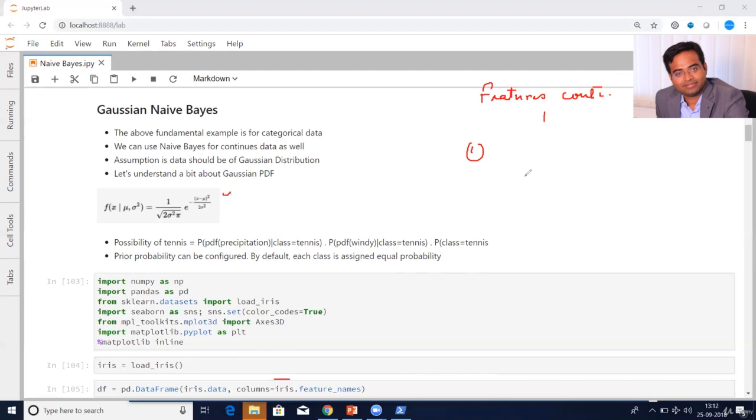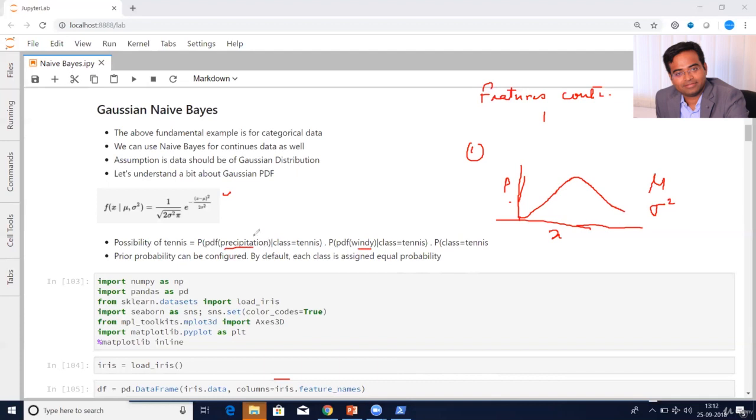So if the data follows a normal distribution, given a value of mu, the mean of the data, the standard deviation of the data, and a value of x, you should be able to predict the probability, right? Using this equation. So assume that we have continuous columns in the previous example, like precipitation and windy. What you're doing here is calculating the PDF of precipitation.